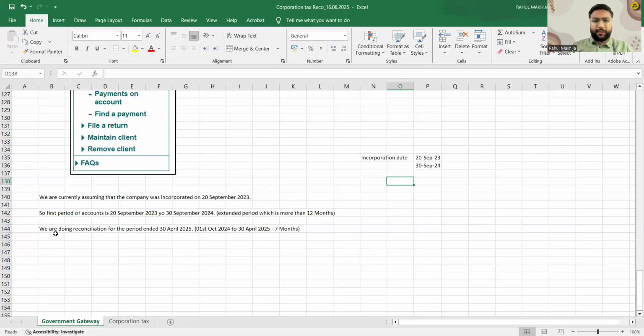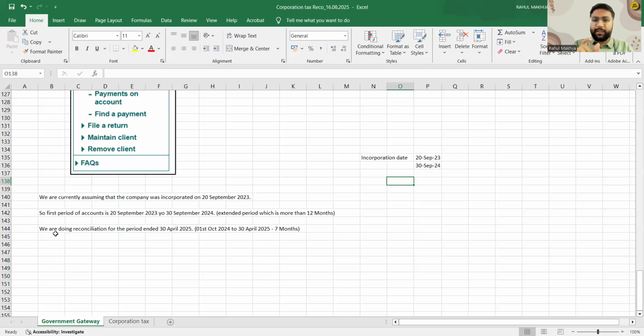So as we are doing year-end finalization for 30th April 2025, what we are required to do is, firstly, we need to compute a corporation tax liability for this period, as well as we will be having an opening balance of our prior period, which is a 13-month period from 20 September 2023 to 30 September 2024.